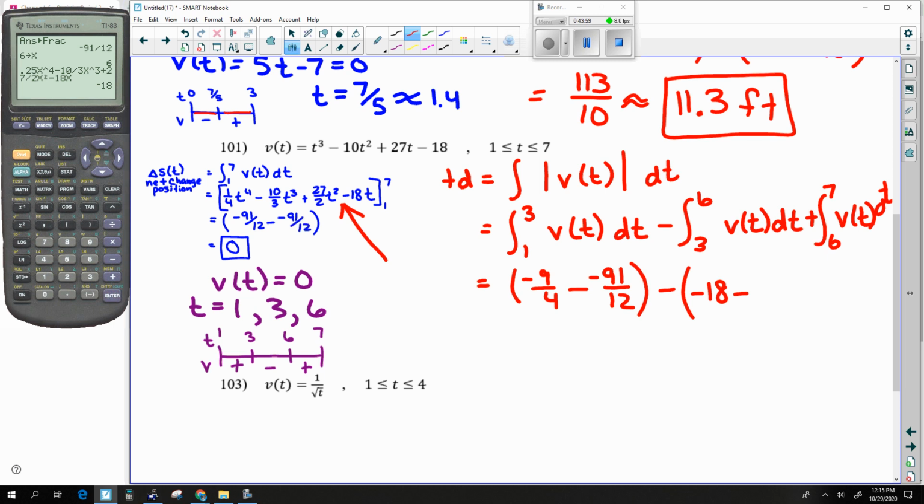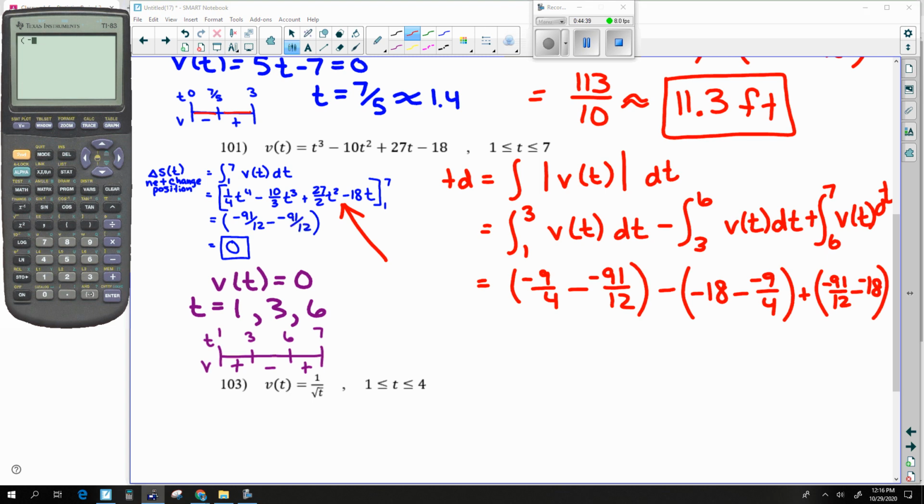Integrate that at 3. Again, that was negative 9 over 4. And then integrate that at 7. Oh, again, that was negative 91 over 12. And then integrate that at 6. Again, I already did that. That's negative 18. So that should be your total distance.